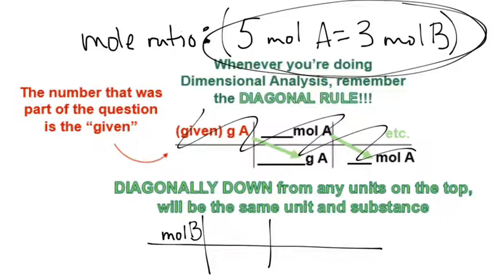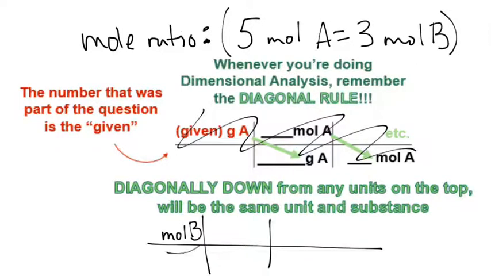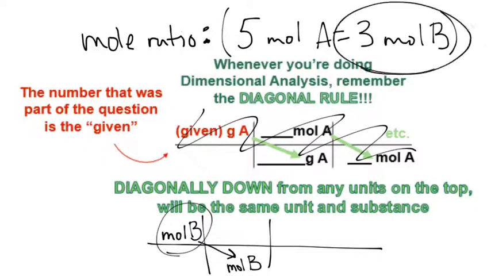If I'm trying to use that same ratio, now because B is on top of this bracket, that means moles of B have to be on the bottom. That diagonal rule says that moles of B would have to be on bottom. So that means that the 3 part would go on bottom in this setup, and that would force those 5 moles of A onto the top.